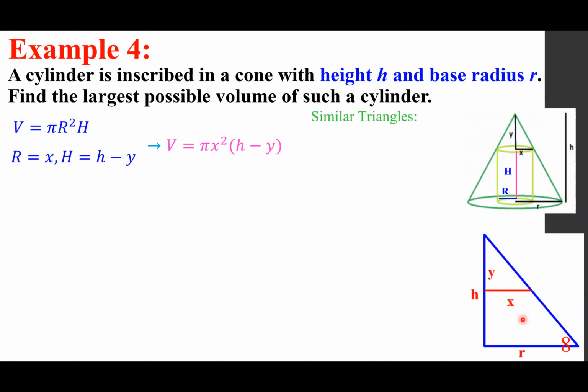So for example, I can pick this side, x from the smaller one over r from the larger one is equal to this side, y from the smaller one, and the whole thing, h from the larger one. The reason I do that, because with the cross product, I can solve for one of those variables, either x or y.